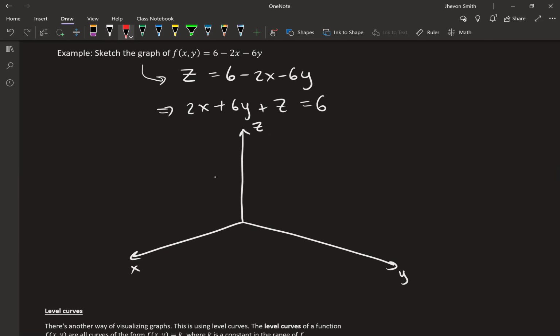So for example, if I plug in y and z equals 0, I would get x equals 3. If I plug in x and z equals 0, I would get y equals 1. And if I plug in, say, x and y equals 0, I would get z equals 6. So that's the plane. Now you play connect the dots.